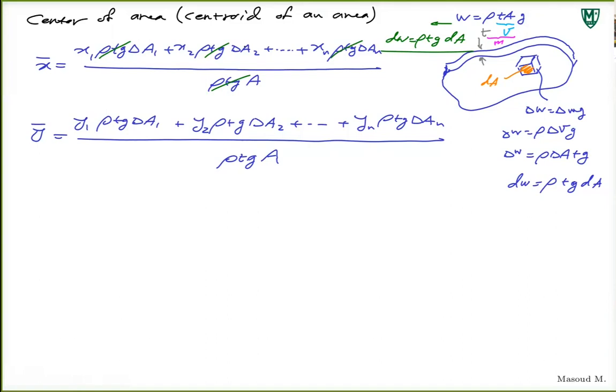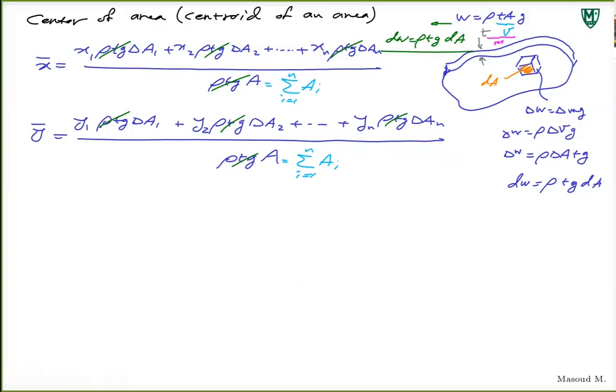Right? So from the bottom we also get rho g, rho g, rho g. What is left is y1 delta A1, y2 delta A2 up to yn delta An, over A. Now, again, the same story. A is nothing but the summation of areas from i equals 1 to n of A_i, and the same story here, i to n of A_i.